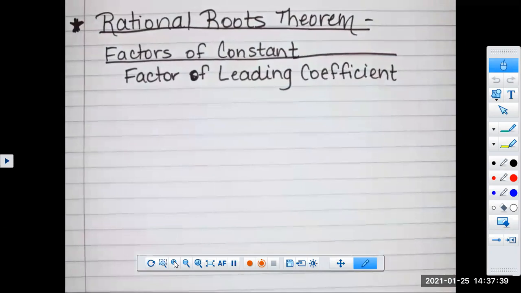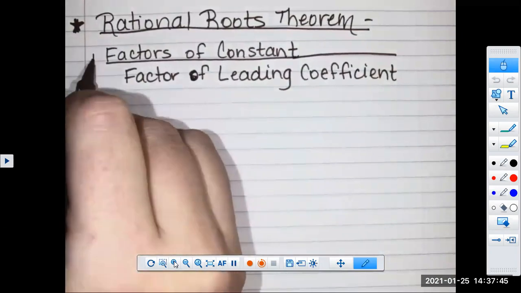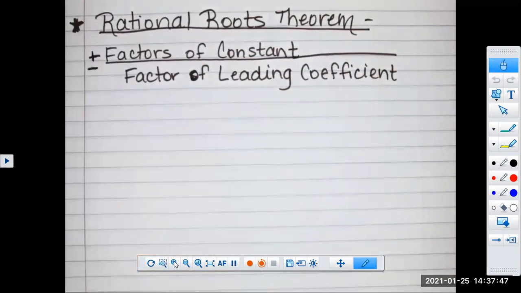The factors of your constant term over the factors of your leading coefficient, and it's positive and negative. You're going to consider both the positive and the negative.